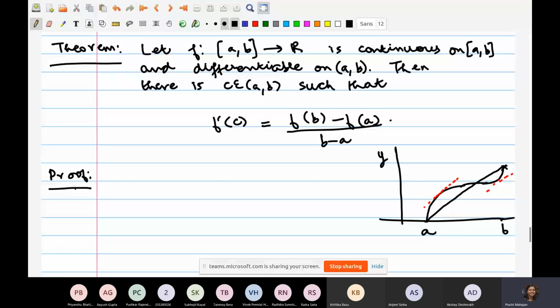So let's write the argument. Let's define a new function here, g.